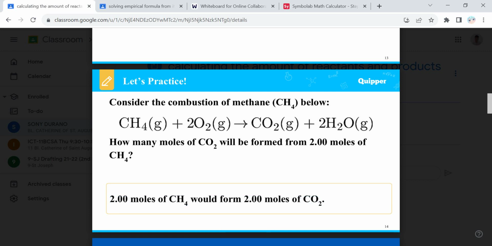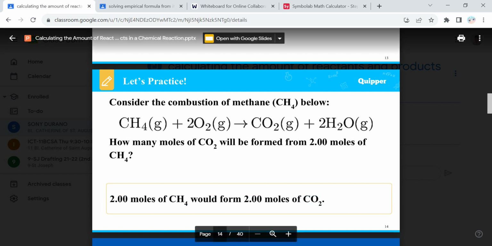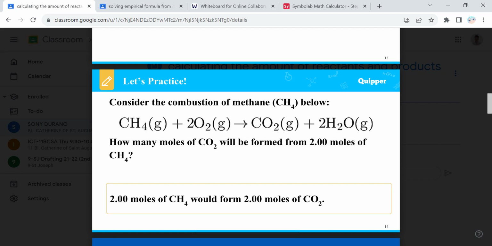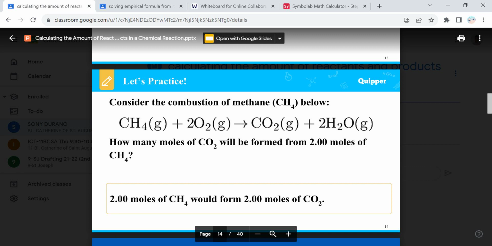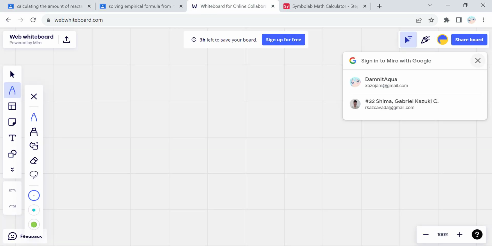The formula for this is actually quite simple. Since it's asking how many moles of CO2 will form from 2 moles of CH4, what you're gonna do is take the given mole, which is 2 moles of CH4. Let's write that here.